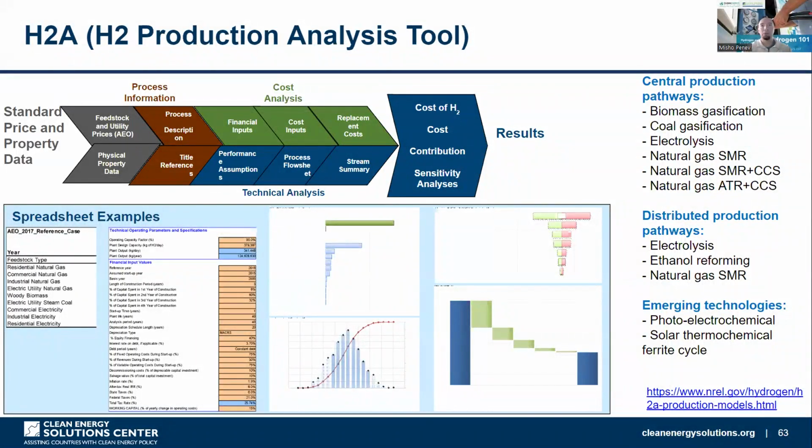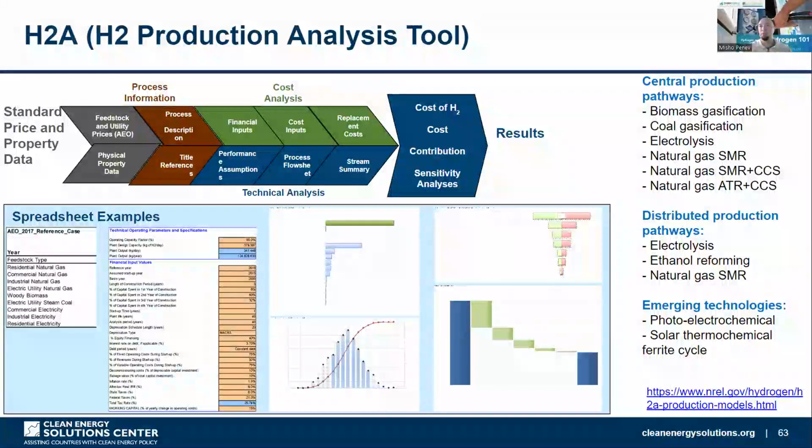So architecturally within the DOE, when we model equipment, we model production, which is the H2A model. And then downstream, I'll talk about other models that take that hydrogen, transmit it, or the proverbial midstream, and then downstream applications.